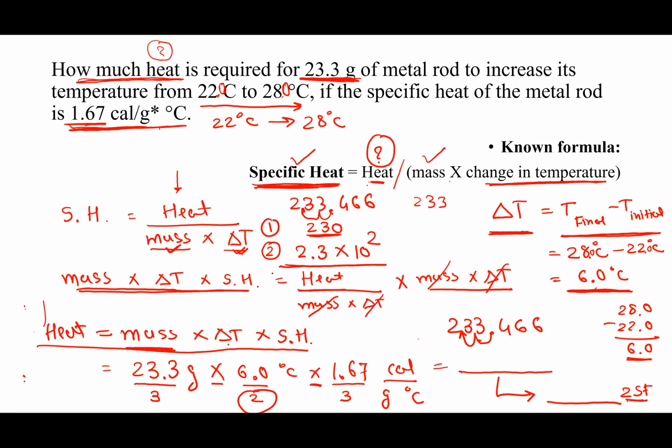It gives you 240. That's not what I got. I got 233.466. I did it 3 times and it gave me 236.262. No, actually, the answer looks like 233.466. So that is the right answer.